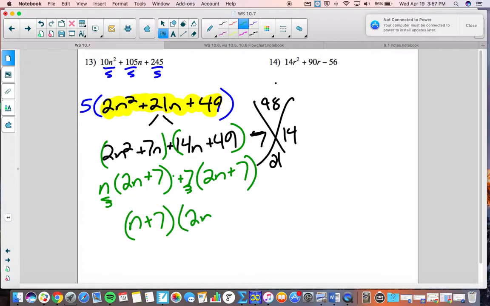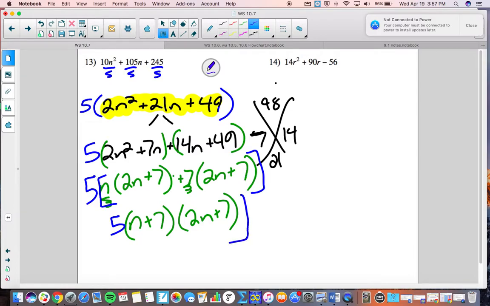And then we have 2n plus 7. Don't forget to bring down that 5. It's all getting multiplied by 5. If you multiplied all this together, you would get what we initially started with. I think that's all the time I have on this.